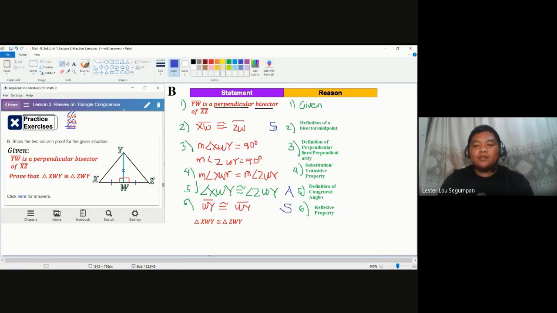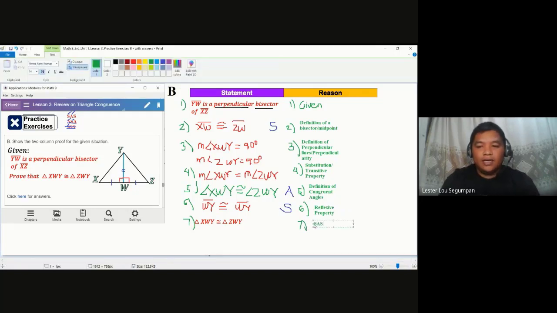We have established already the SAS. That would mean the item that we are trying to prove is already our statement number 7. And the reason for that is the SAS triangle congruence postulate.